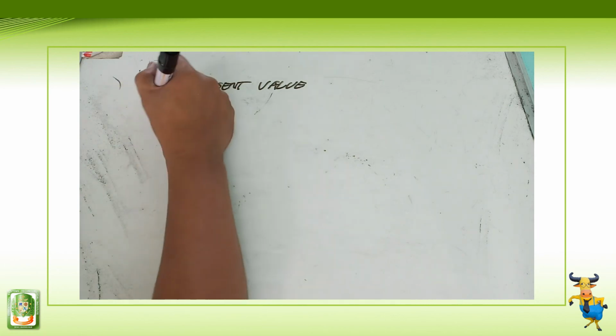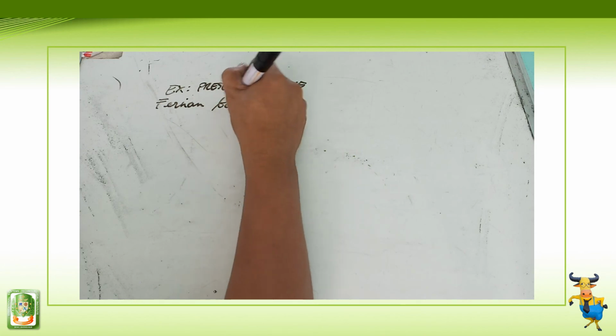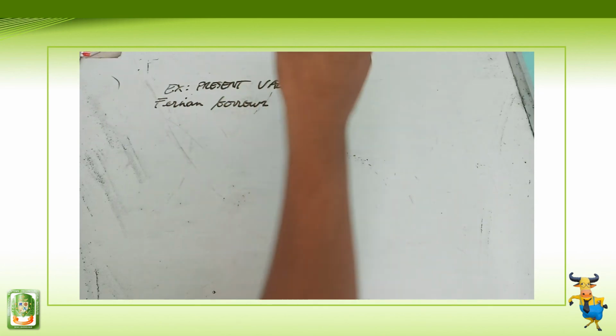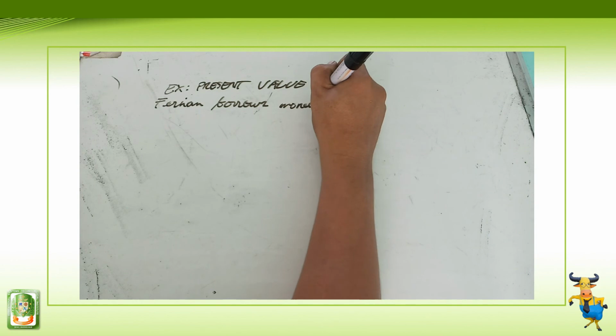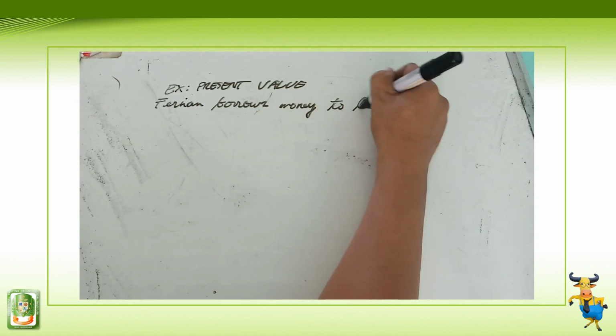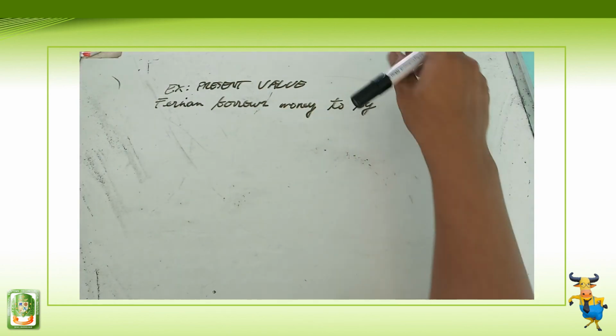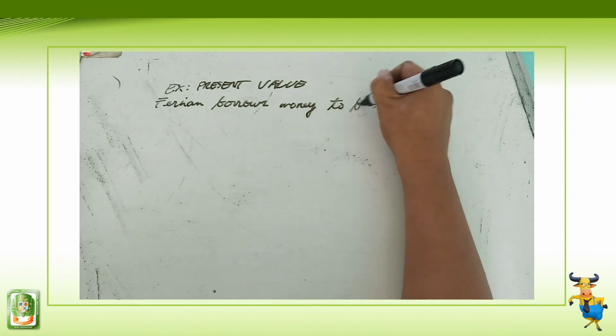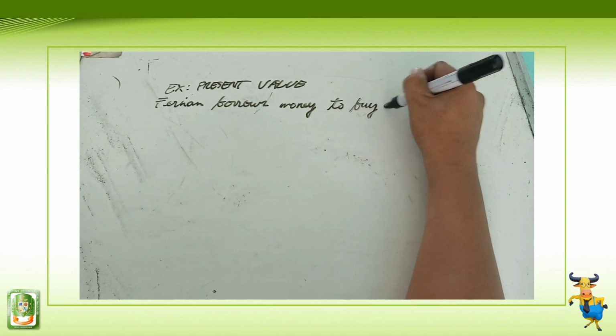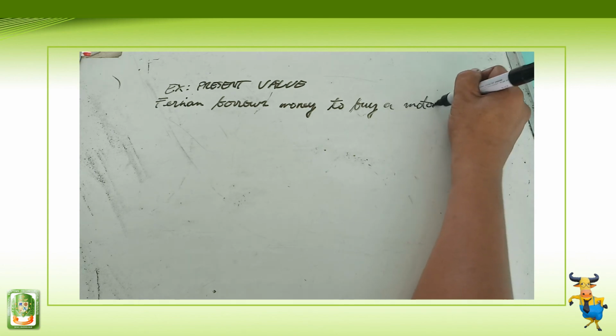In a present value, we have here an example of Fernan borrowing money to buy a motorcycle.